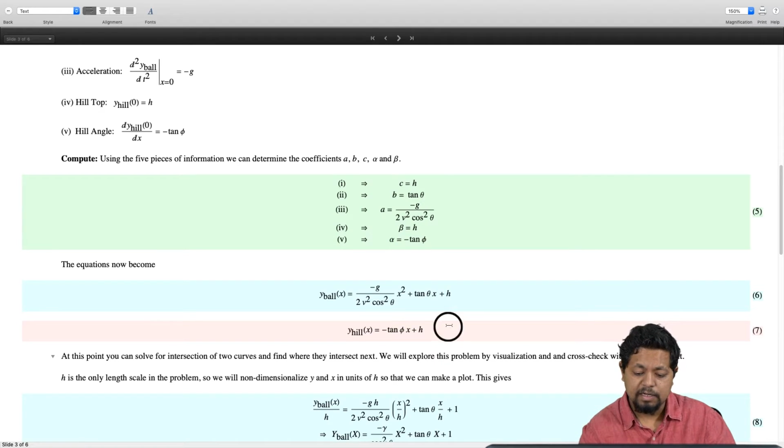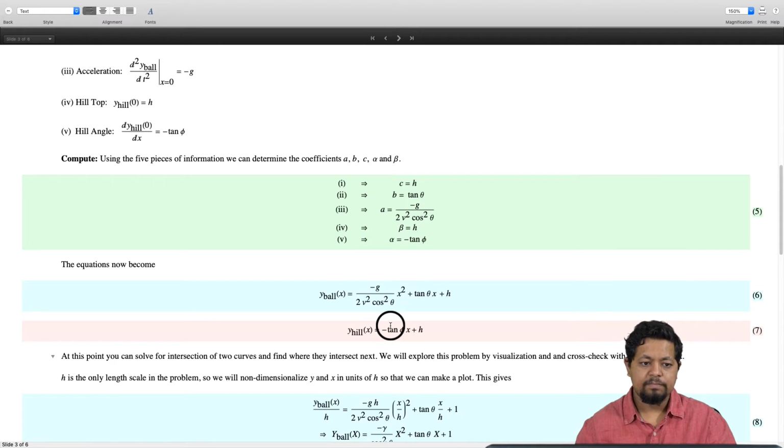In order to non-dimensionalize these equations, I want to put out the dimensions of all the quantities. So y is measured in dimensions of length, x is measured in dimensions of length, and both of them I can non-dimensionalize by a natural dimension of length that is present in the problem, which is simply h.